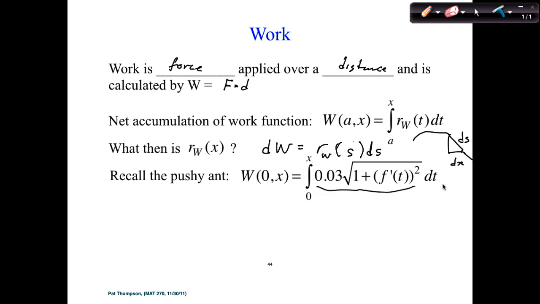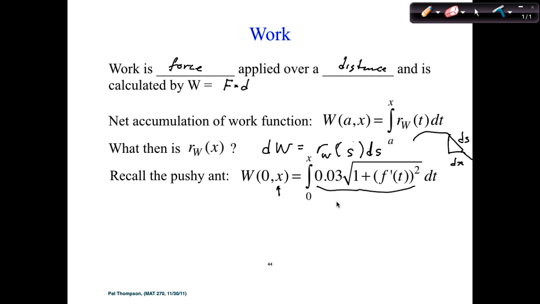Yeah, but so then what does it do? Yes, that's true, but what does it do? Remember what it did for us? What is the independent variable of work here? X, right? So we said the x coordinate of the ant. We wanted work in terms of the x coordinate of the ant, not how far the ant has gone. So this was a transformation from the s direction to in terms of x.